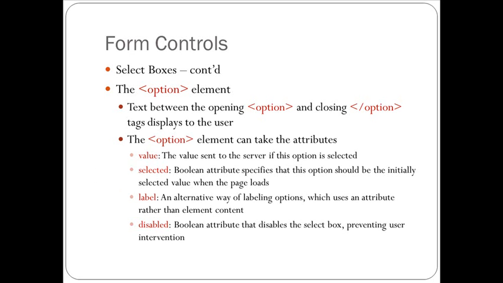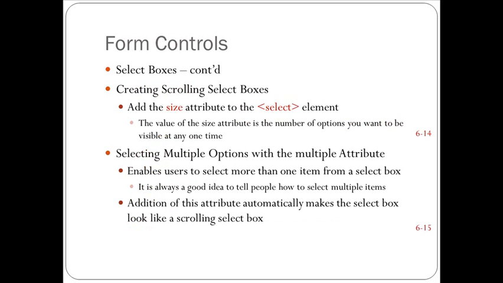A label is an alternative way of labeling options. It uses the attribute rather than the element content. So if you put a label in option, that's what would display as opposed to what's between the opening and closing tags. Disabled is a Boolean. It's either disabled or it's not, true or false. That disables the select box, preventing user intervention.